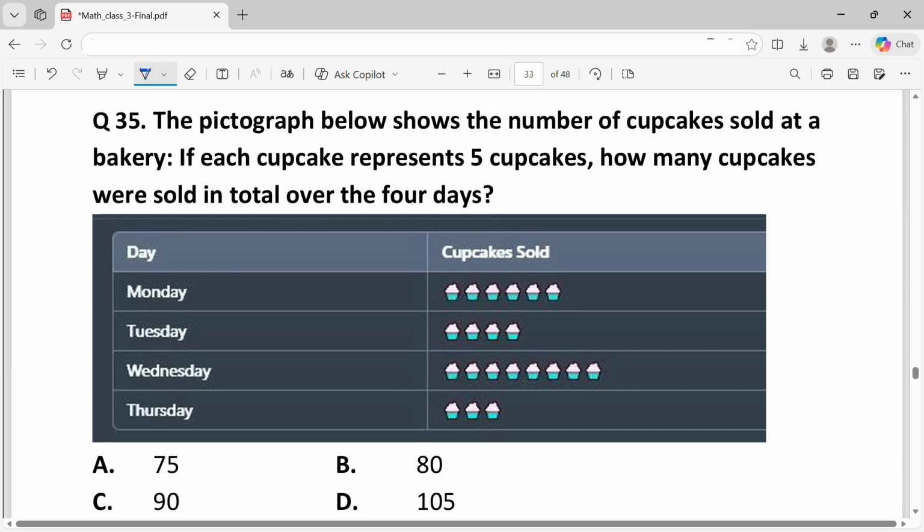So the total number of icons is 1, 2, 3, 4, 5, 6. 1, 2, 3, 4. 1, 2, 3, 4, 5, 6, 7, 8. 1, 2, 3. So the total number of icons is 21. And the total number of cupcakes sold will be 21 into 5, that is equal to 105. That is option D.